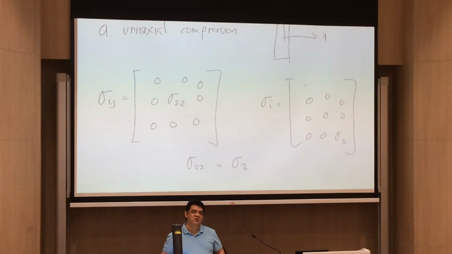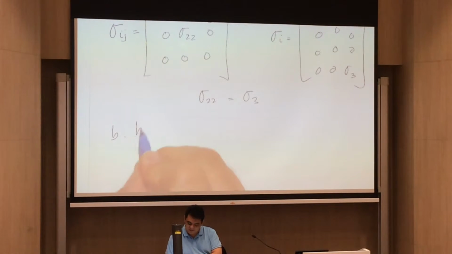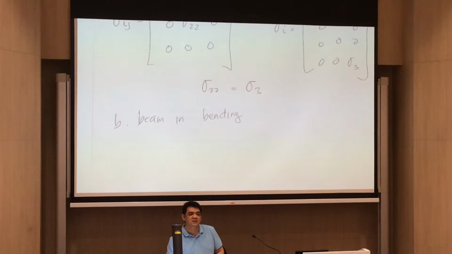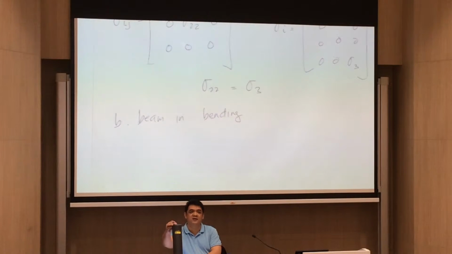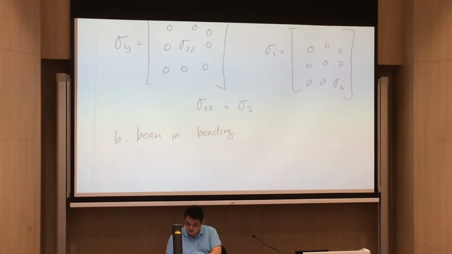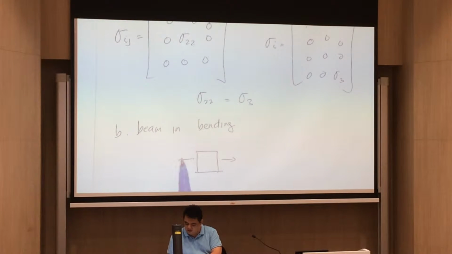Beam bending, well, we've done this one already. If we're going to write it in a 2x2 matrix, what will happen? If you look at your beam bending, you will have sigma 1, 1, and then you have your shear stresses, sigma 1, 2.